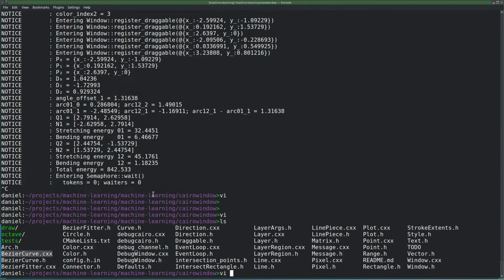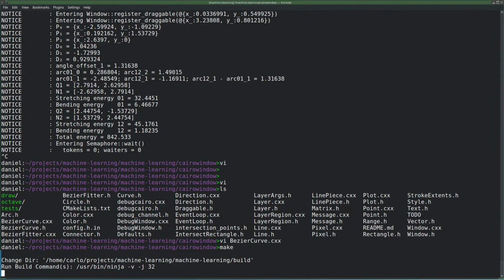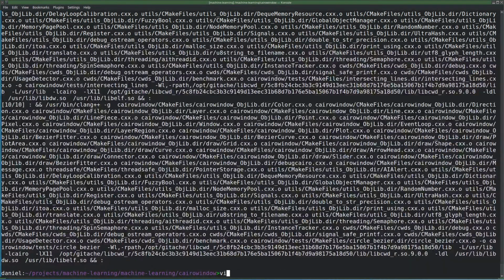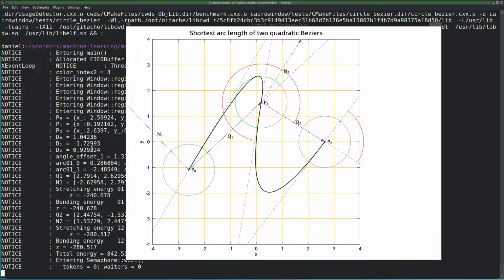This one, Bezier curve, and then here, and then we just print out the Z. We notice Z is Z, because that's what I just printed, right? And Z is minus 240.678, which is what I had here as well. So Z is correct.